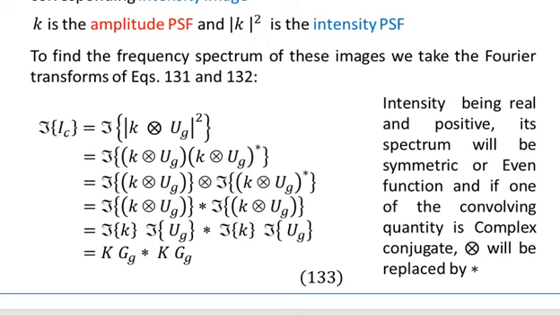Because our quantity here is real and non-negative, it is a symmetric quantity. So if the quantity is real and non-negative, as in the case of intensity, the Fourier transform will be an even function. And when we have the even function, then of course we can convert the convolution into the correlation, provided we are taking the Fourier transform of the quantity which is a complex amplitude.